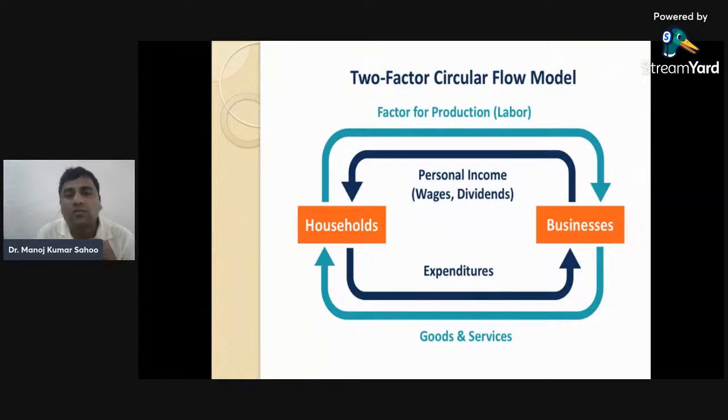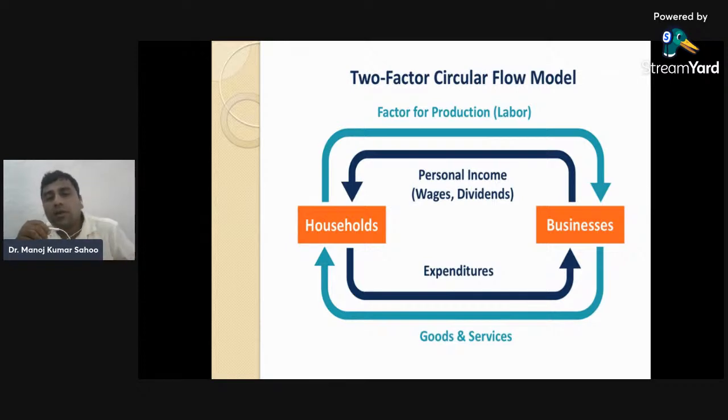Now the households, means we the people, provide labor services to the business units or the farms, to the company. In return the farm provides us the personal income, that is the wages.